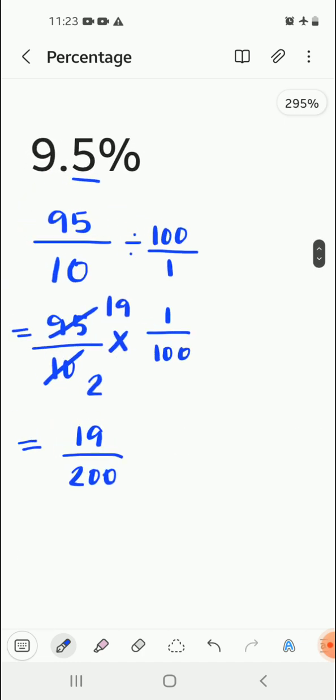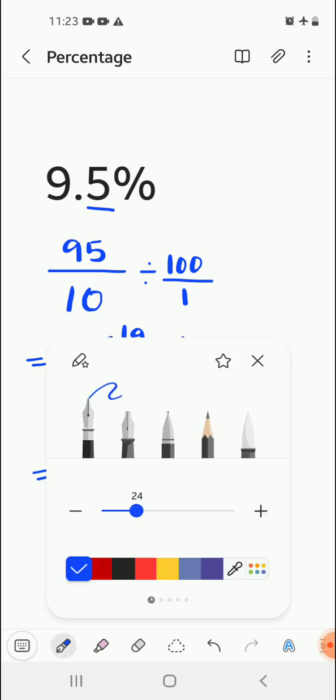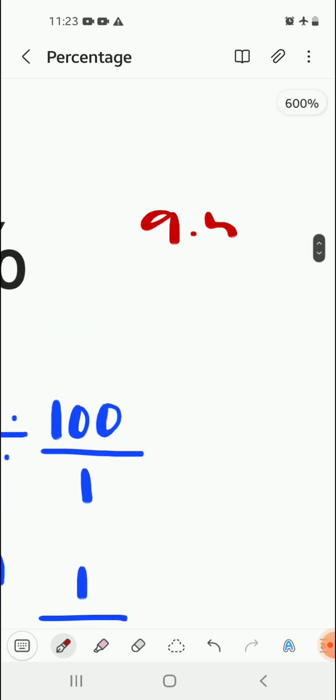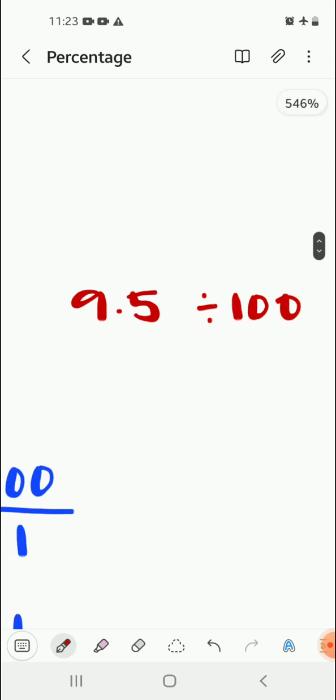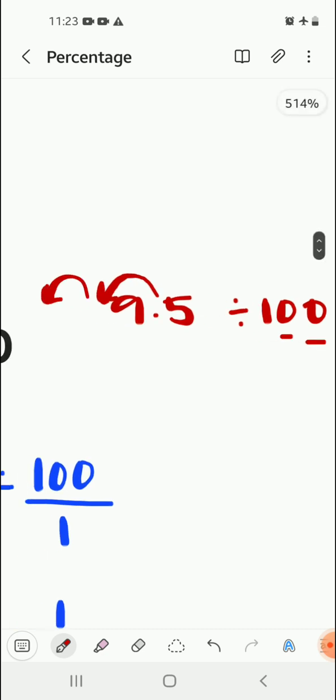There is another point to which we can do it. Over here, we were asked to find the number in its lowest form. If we were asked to only find its equivalent number, then what we would have done is simply 9.5% would mean 9.5 divided by 100. Because it's divided by 100 and there are two zeros, the decimal point would shift to the left, because in this case we are actually dividing.